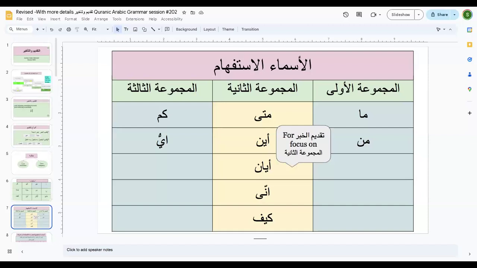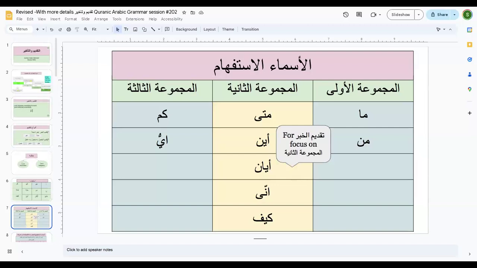Here is Al-Asmaul Istifham, and there are three columns in front of you. The first column was Al-Majmu'atul Ula. It included Ma and Man. The second column, Al-Majmu'atul Saniya, included Mata, Aina, Ayana, Anna, Kaifa. And Al-Majmu'atul Salisa included Kam and Ayu.